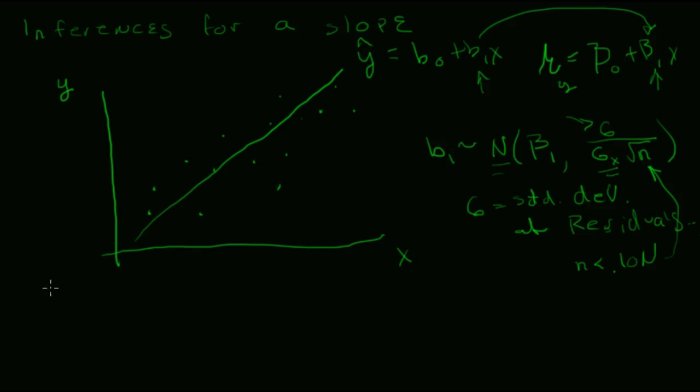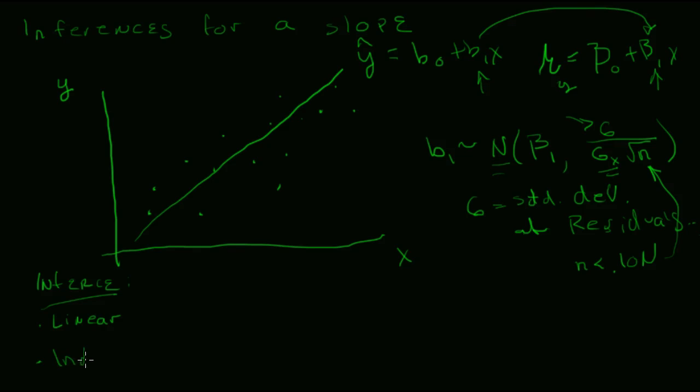So basically, to make an inference, you have to meet 5 conditions. You have to have a linearity condition: it has to look like the data has some overall linear pattern. Usually you can see that directly in the scatter plot.